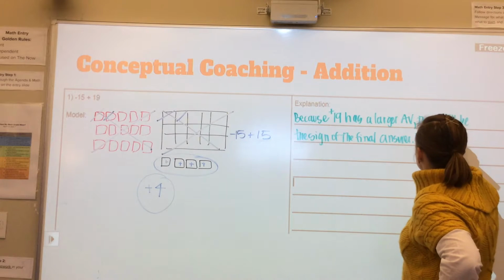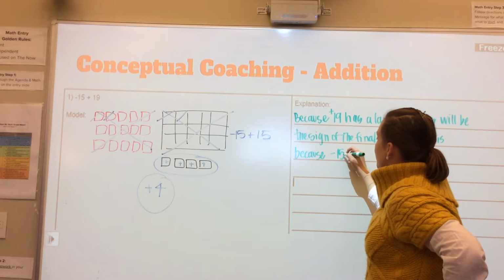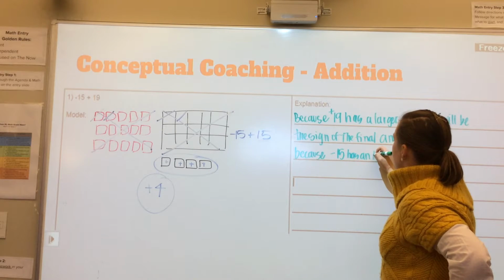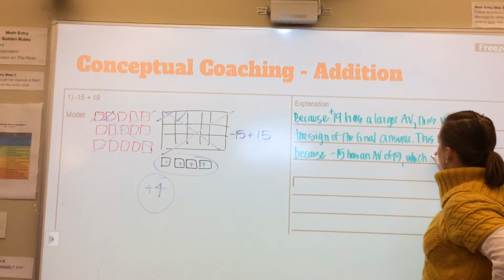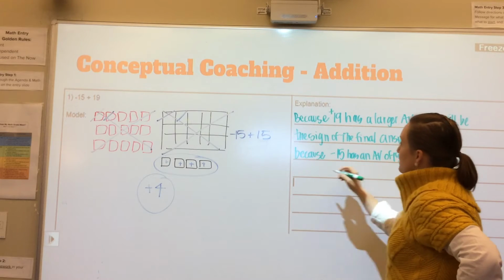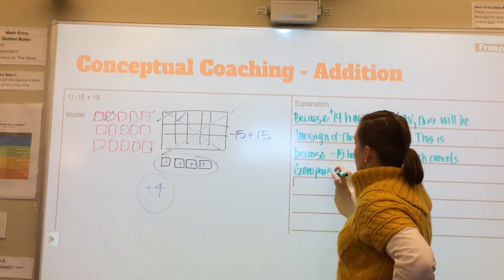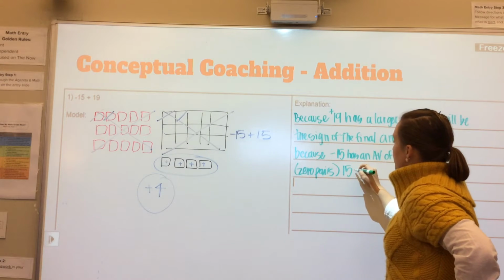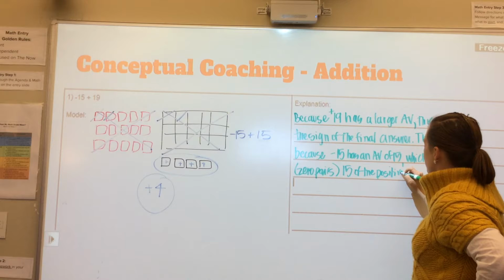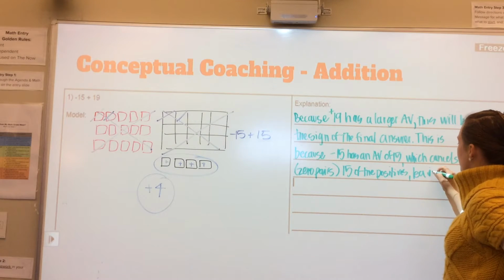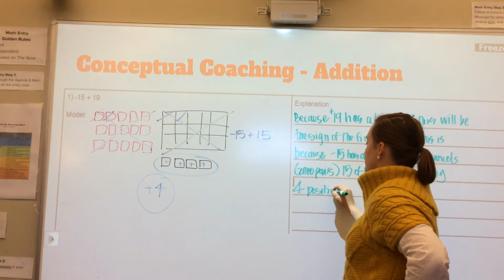This is because negative 15 has an absolute value of 15, which cancels, or we can put here in parentheses 0 pairs, 15 of the positives, leaving 4 positives as the sum.